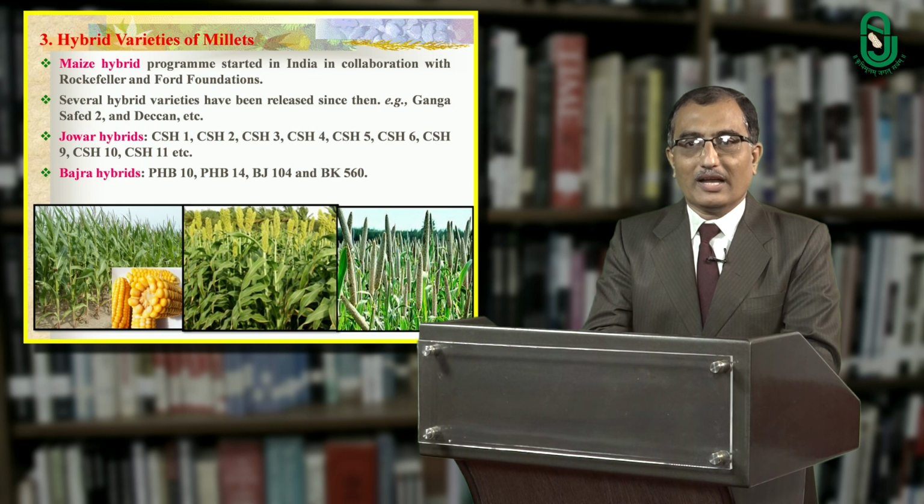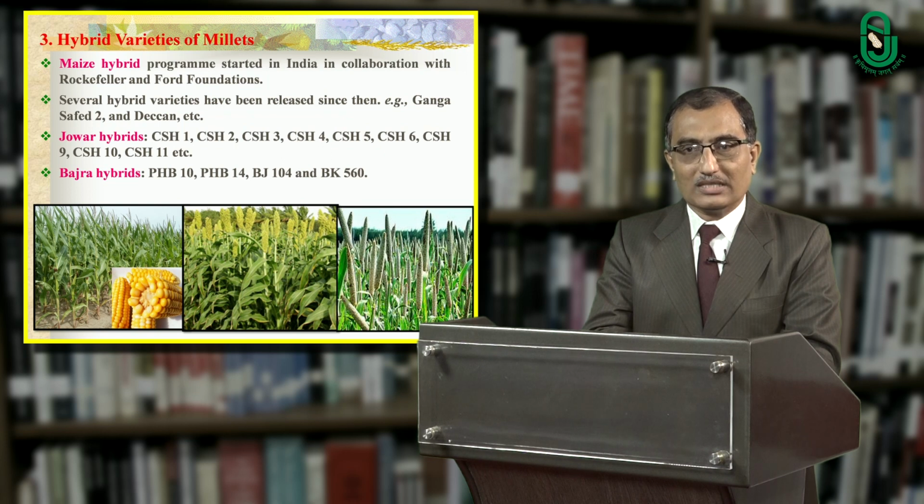Development of millet varieties is also an important objective. The availability of CMS lines, first in maize followed by jowar and bajra, led to the development of various hybrid varieties, and these hybrids have higher yield, early maturity as well as stable yield. For example, in maize, Ganga Safed and Deccan are the important initial varieties, and in jowar, CSH 1, CSH 2, 3, 4, 5 and many others have been developed.